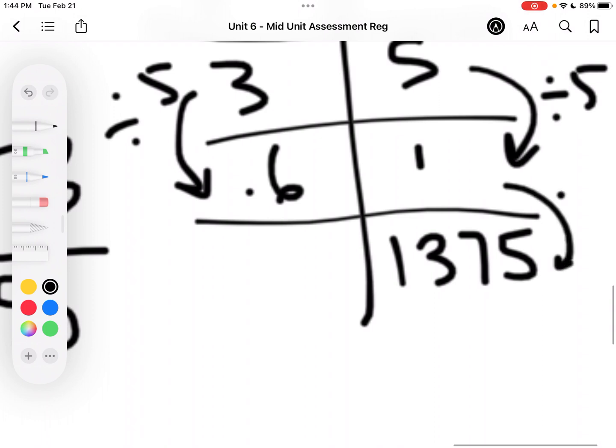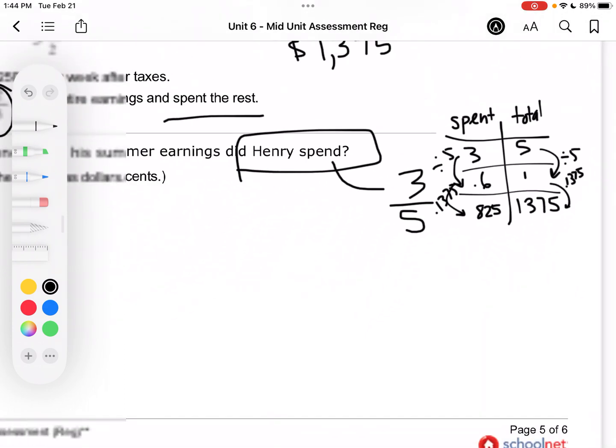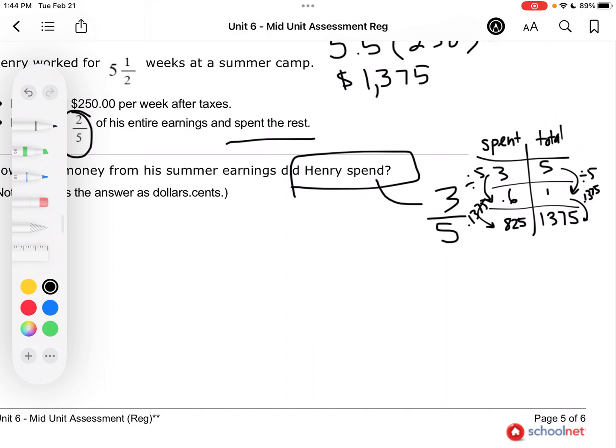And then multiplied by 1,375. So 6/10 times 1,375, and I got $825. Or I could have used the fact that 3/5 times 1,375 will give me that same $825.